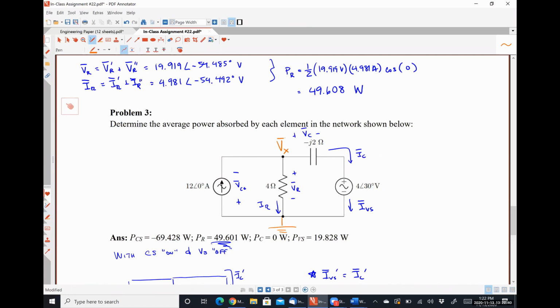Then we could have done a source transformation on the right-hand side, which would have allowed us to calculate VR and IR and VCS without doing superposition. So there's always going to be multiple different ways to approach this. I'm slightly frustrated at myself that I didn't notice the easiest and most concise way, which is exactly what you suggested. KCL at the top node gets us there way faster than all that superposition I just did. So good job for noticing that.